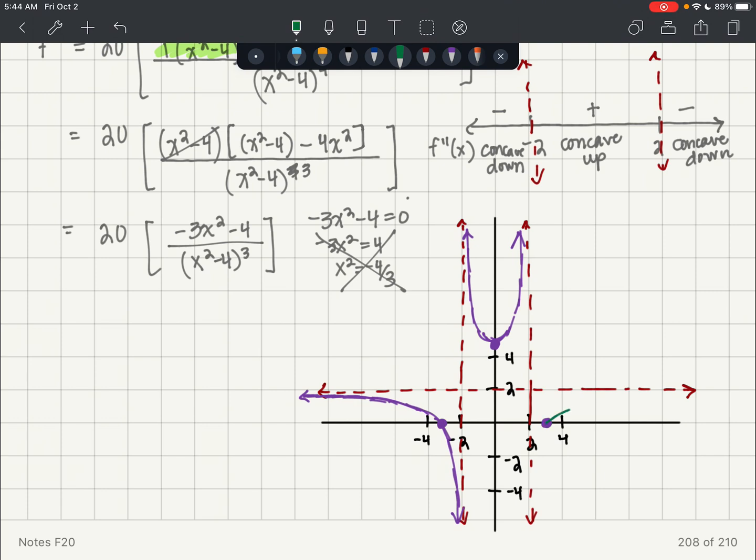So when your change occurs at asymptotes, you don't have any points of inflection. So our change in concavity happened at an asymptote right here. So it went from concave down to concave up through an asymptote and then again over an asymptote.